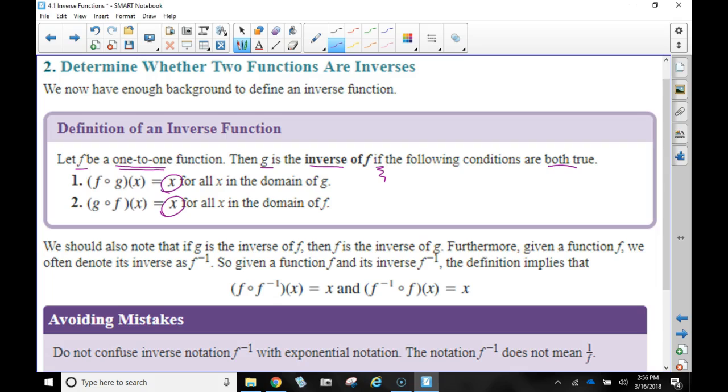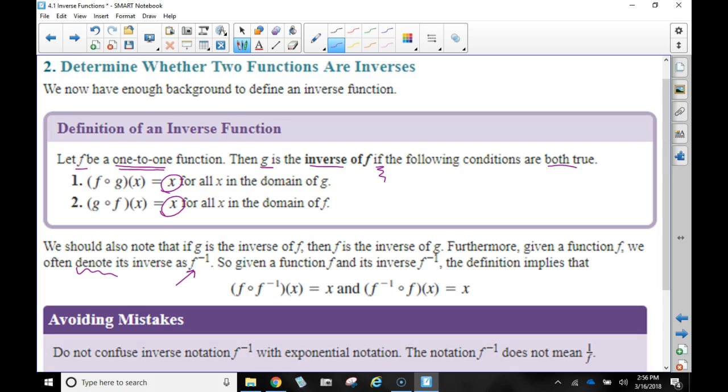And if that g function is an inverse, well, let's call it what it is. It says we should also note that if g is the inverse of f, then f is the inverse of g. Furthermore, given a function f, we're going to denote its inverse as f inverse.